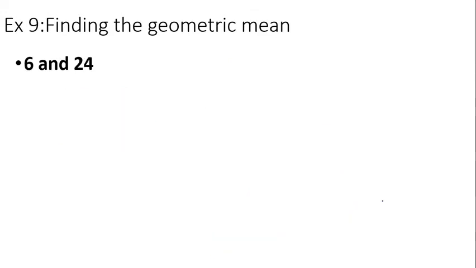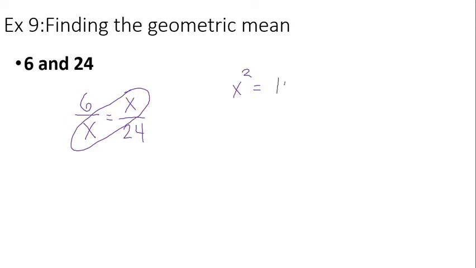Okay, 6 and 24, so I'll take 6 over x equals x over 24. Again, cross multiply here. X times x gives me x squared. And I have 6 times 24, which gives me 144.